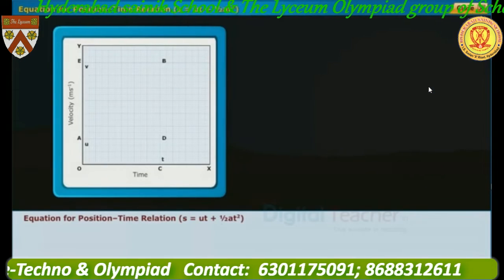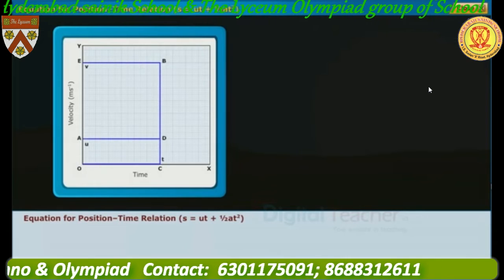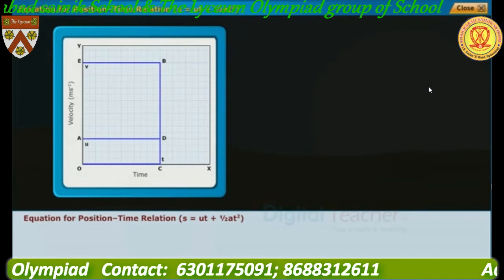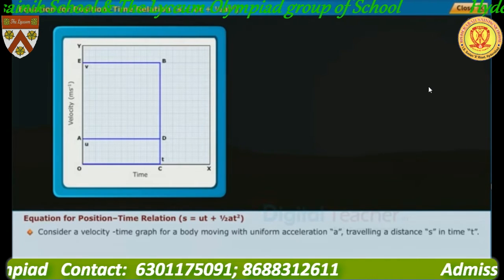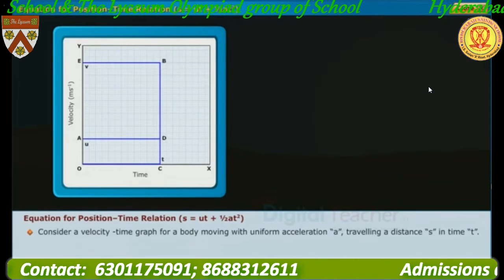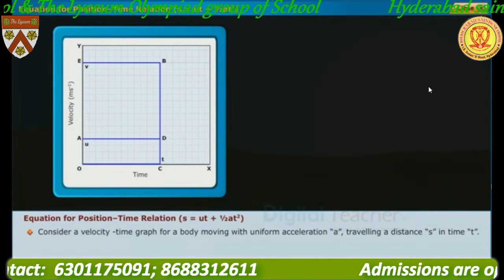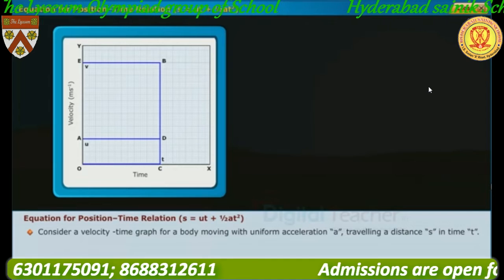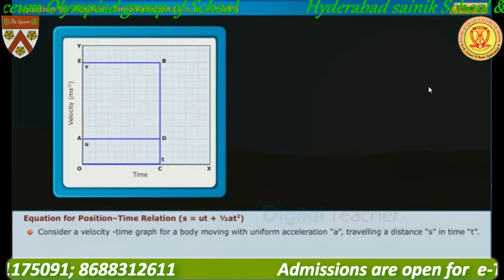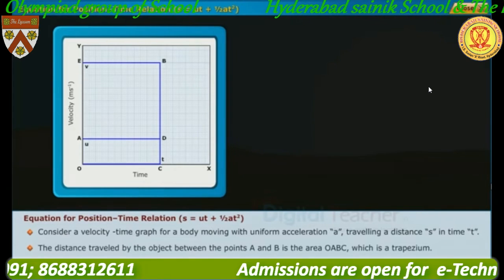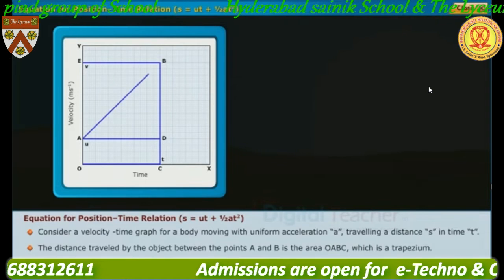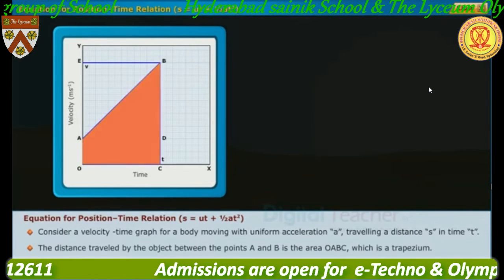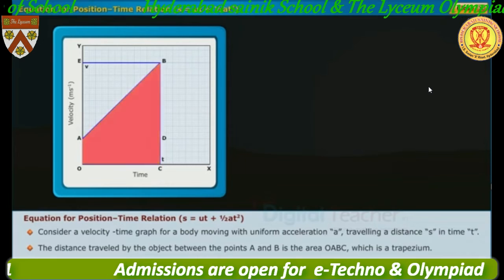Equation for position-time relation. S equals ut plus half at square. Consider a velocity time graph for a body moving with uniform acceleration a travelling a distance s in time t. The distance travelled by the object between the points A and B is the area OABC, which is a trapezium.